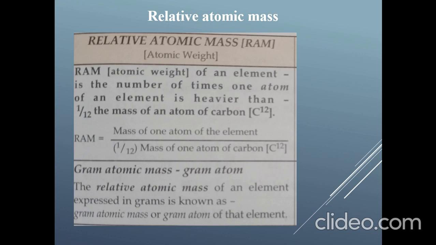It is also called RAM, that is relative atomic mass. It tells us the number of times an atom of an element is heavier than 1/12 of the mass of carbon. It is expressed in gram atomic mass or gram atom of an element.